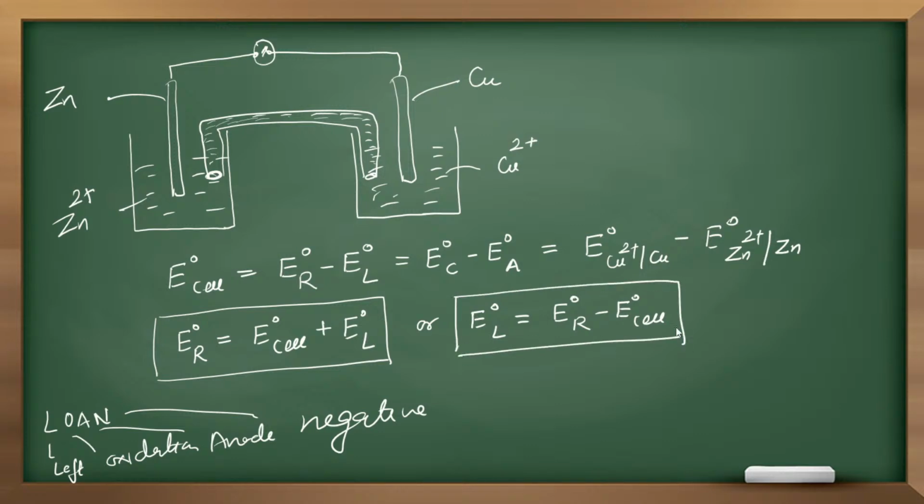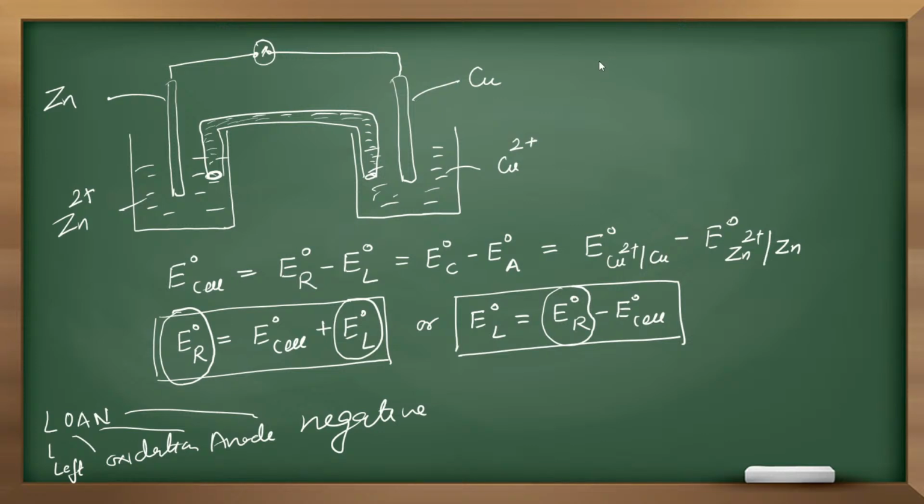That means for one of the electrodes, either left side or right side, we should know its standard reduction potential before calculating the standard reduction potential of the other electrode. A single electrode's potential cannot be measured.